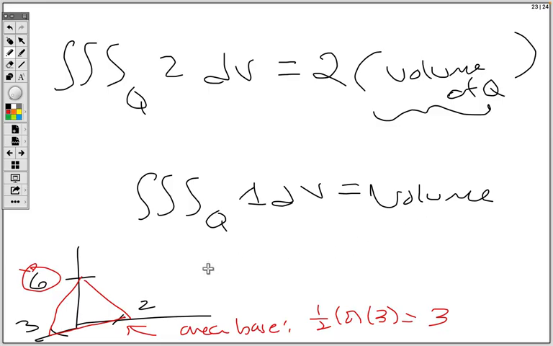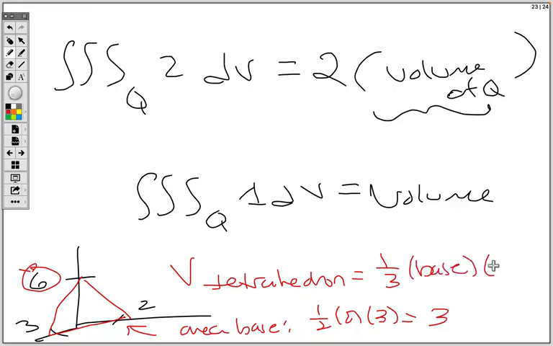So anyone know the volume of a tetrahedron? I think it's 1/3 the area of the base times the height.